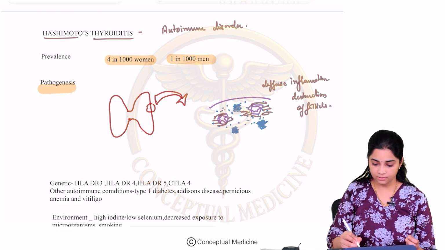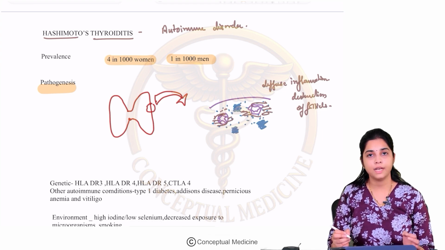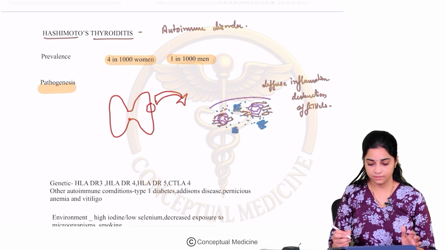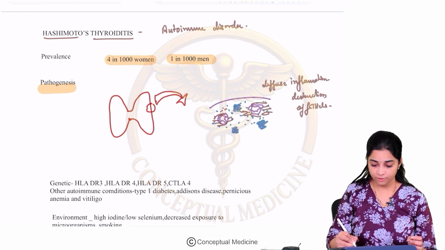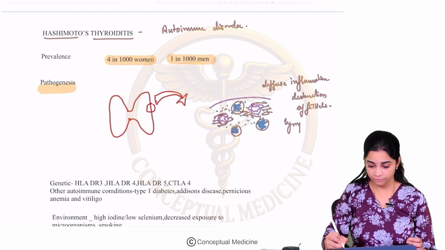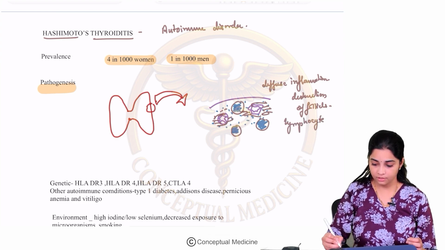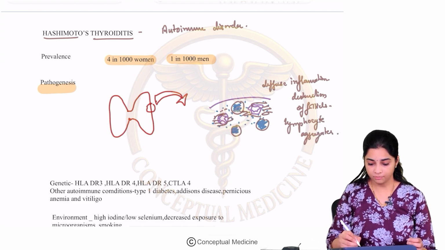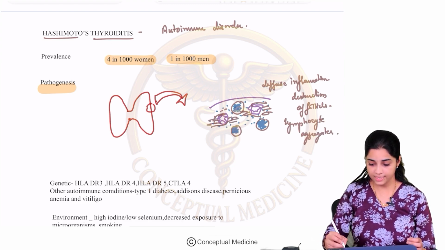As you can see here, this is all your inflammatory exudates, and the follicles are also getting destroyed. These inflammatory exudates can even form lymphocyte aggregates within the thyroid gland. Over the course of time, there can be fibrosis and complete destruction of the gland.